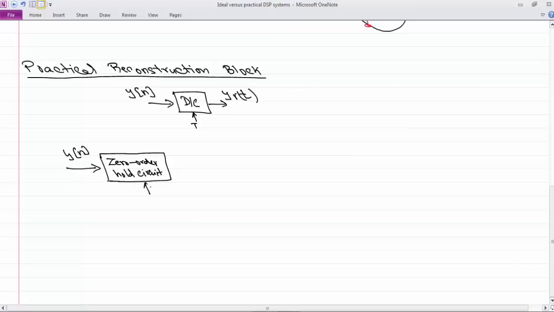So this is a circuit which basically takes your sequence value and generates a staircase output. And after that, you have to have what's called a compensation reconstruction filter.